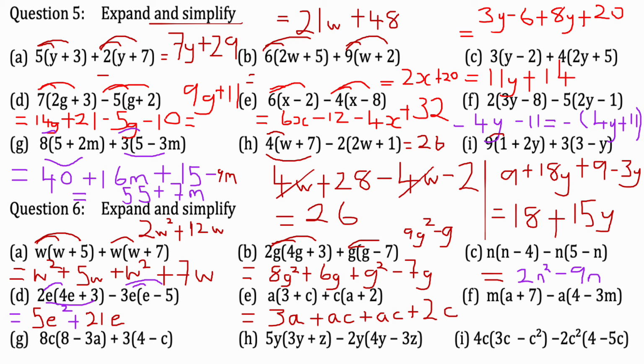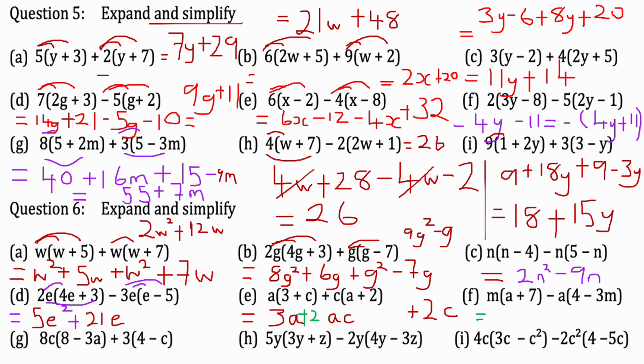I can only collect the ac terms in this one. So it goes to 3a plus 2 lots of ac plus 2c, when you simplify that.